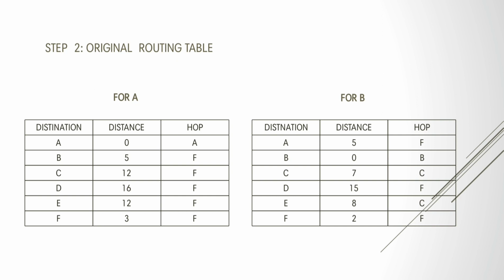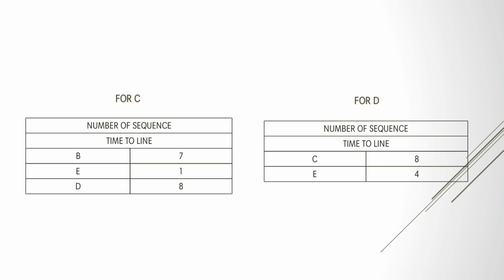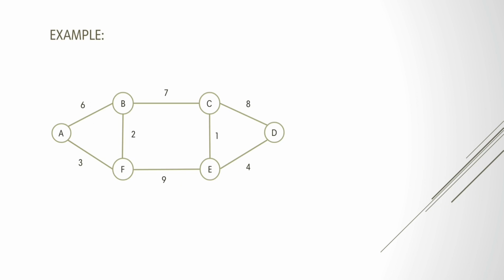Then for A, we have the destination B. Here, B can be reached in two ways, that is from A to B and A to F. The main point is that we need to reach B from A, so we should see which path covers the minimum distance. From A to B, the distance is 6.